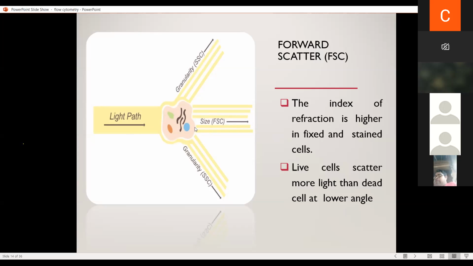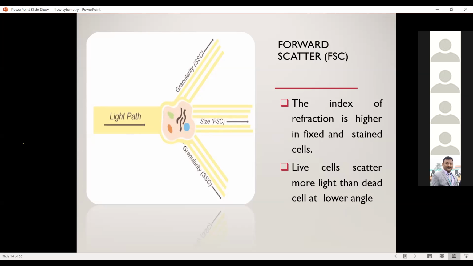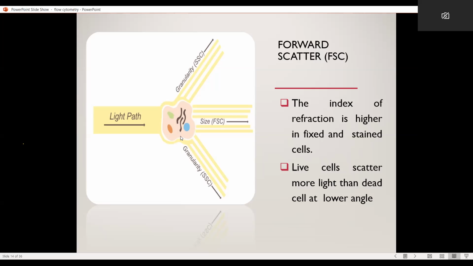Most cells are differentiated on the basis of size in forward scattering, and when we need to differentiate cells on the basis of granularity, we use side scatter. Those cells which have more granularity will scatter the light at 90 degrees and show side scatter.